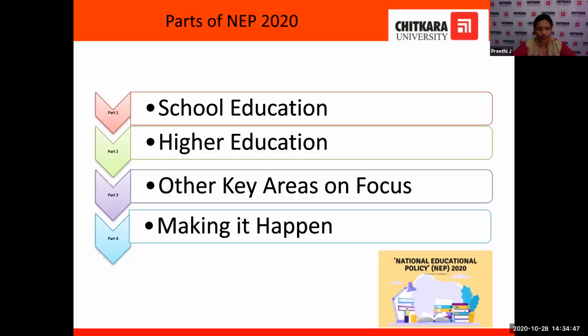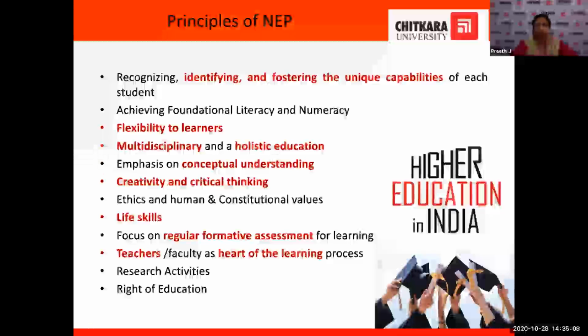And there's a whole section of online and digital education within the other key areas. And the final section of the policy is about how all of this, as mentioned in the policy, is going to actually happen. For this particular presentation, I have focused on higher education and, as mentioned, on the learning part.